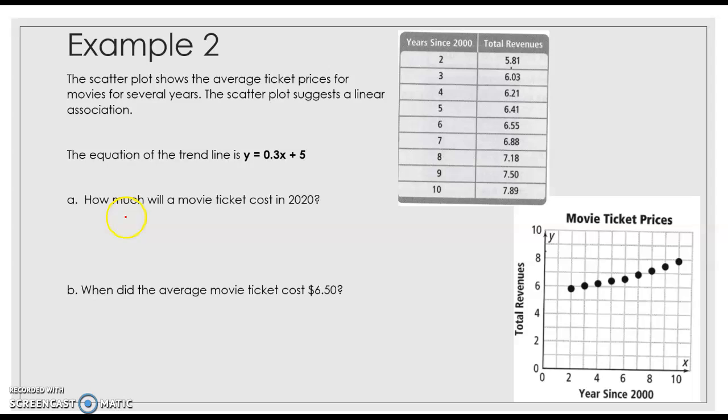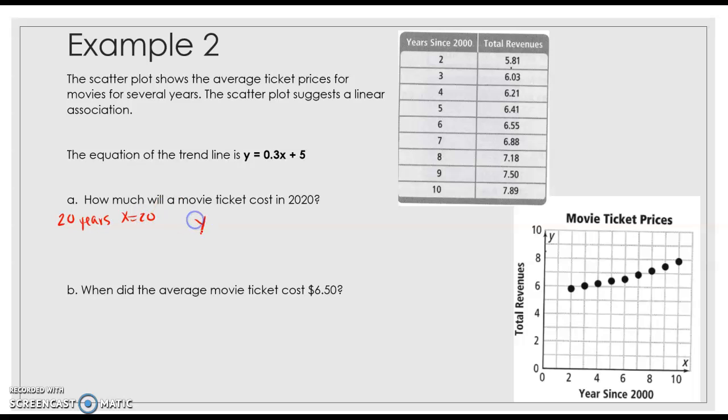So we want to know how much a movie ticket will cost in 2020. Looking at our table, or even our graph, it says years since 2000. So 2020 is 20 years after 2000, which means that x is going to equal 20.